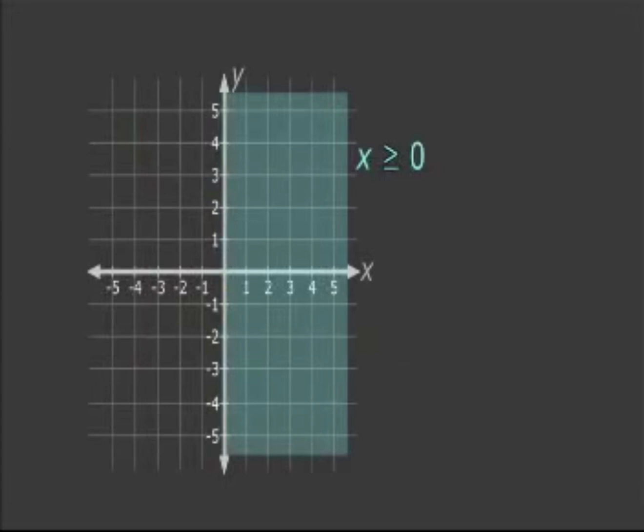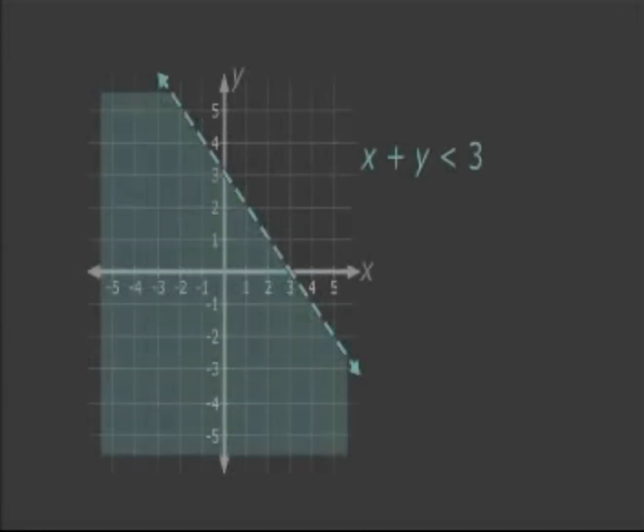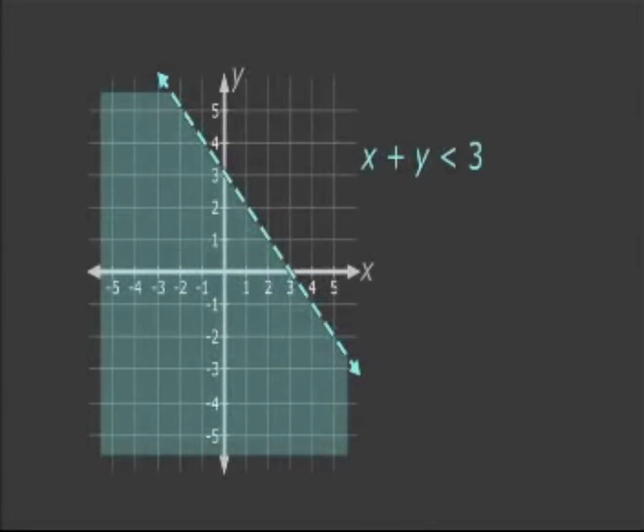This is the graph of x is greater than or equal to 0. This is the graph of y is greater than or equal to 0. This is the graph of x plus y is less than 3.